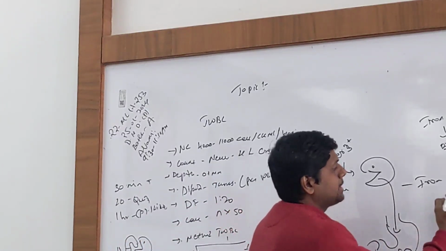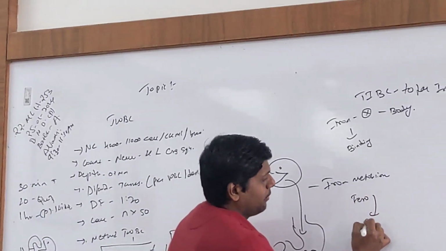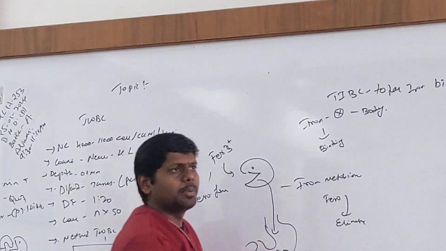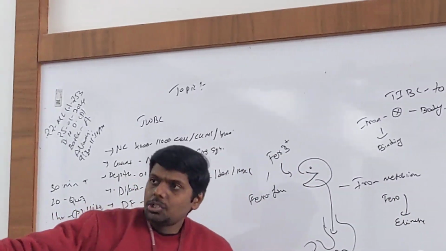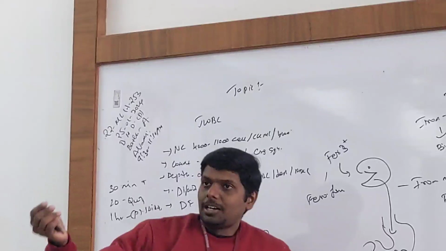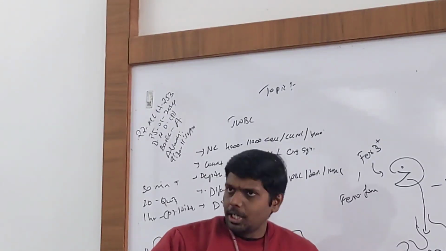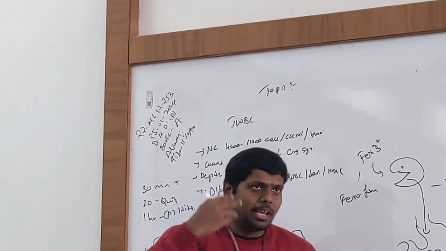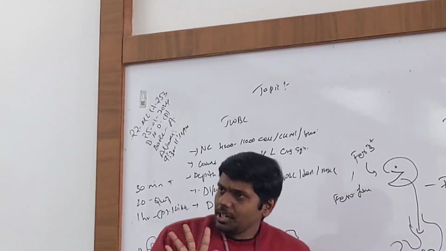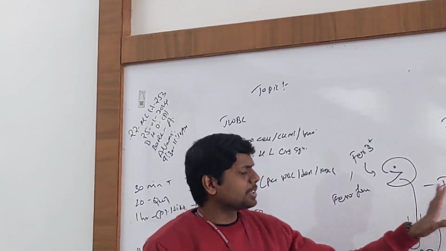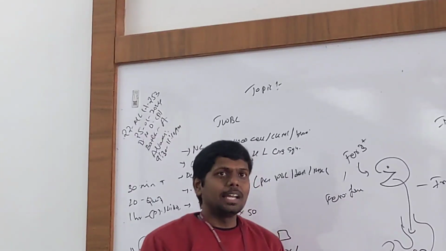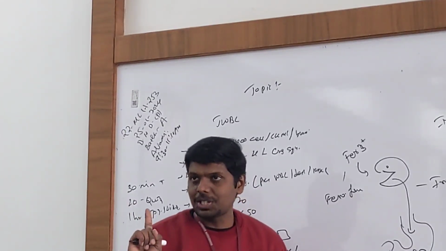We don't know how to eliminate iron from the body. Usually we can eliminate bilirubin. Many toxic products will be excreted by urine or by sweat or by evaporation, right? But we don't have a mechanism of excreting iron. That is a very problematic condition.